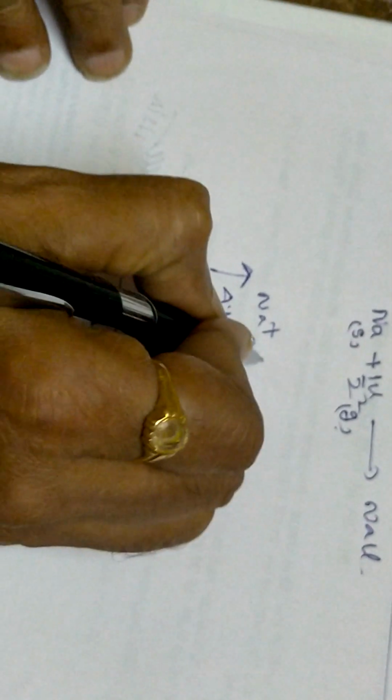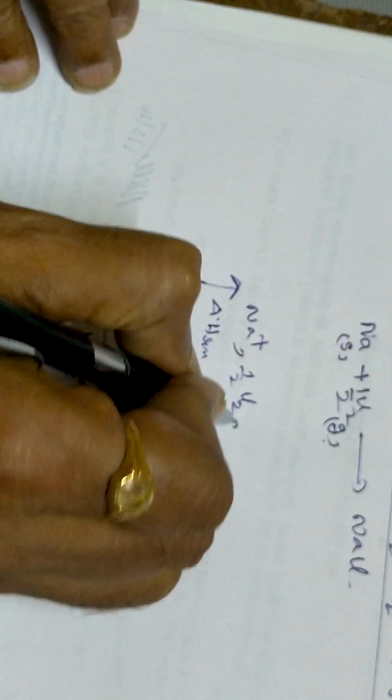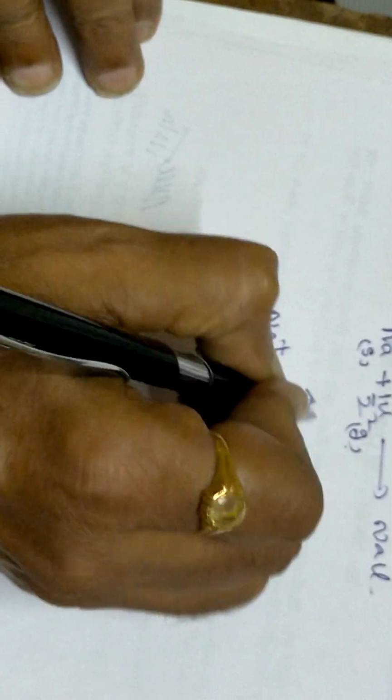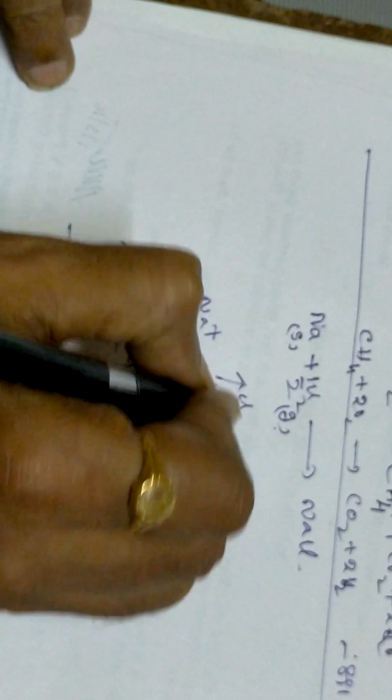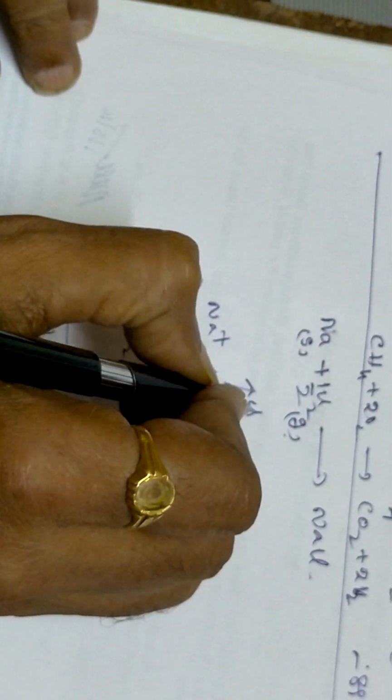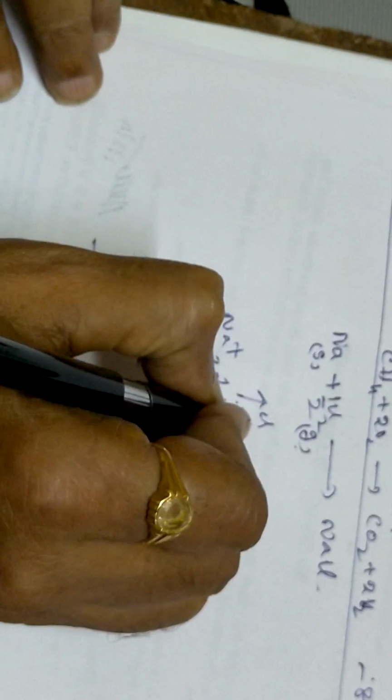Then half chlorine, as chlorine gas, we make further into chlorine atoms. That is called dissociation or the bond energy.